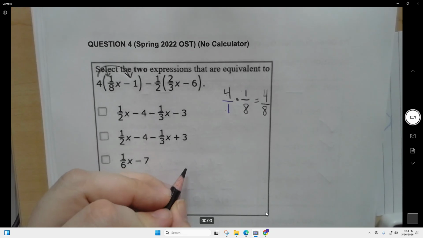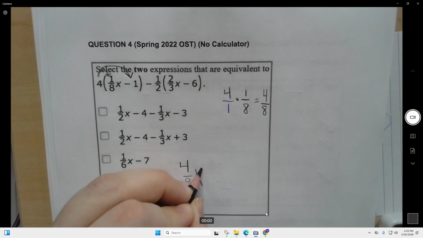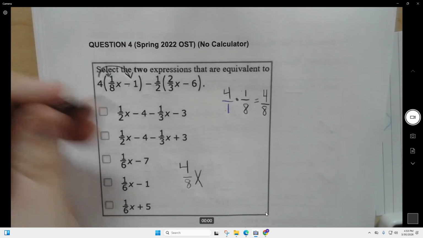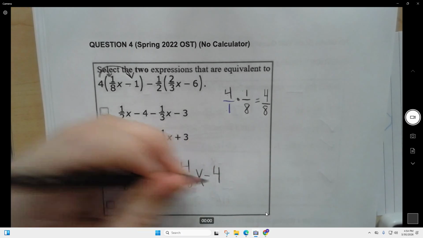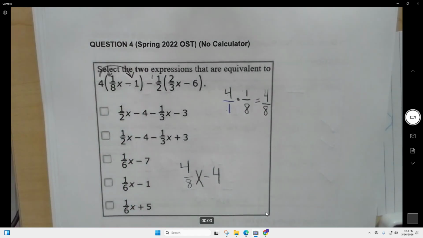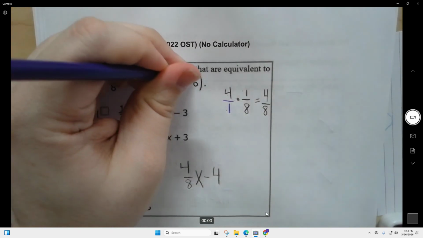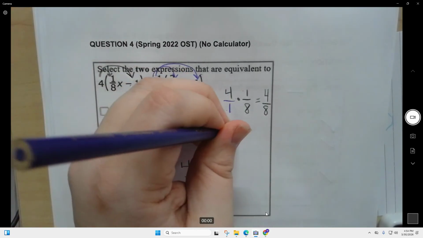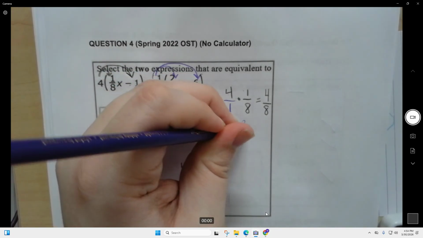Okay, so let's keep a running thing down here. 4/8 x. 4 times negative 1: 4 times 1 is 4. There's only one negative, so it stays negative. And then we distribute our second. So now we do negative 1/2 times 2/3.